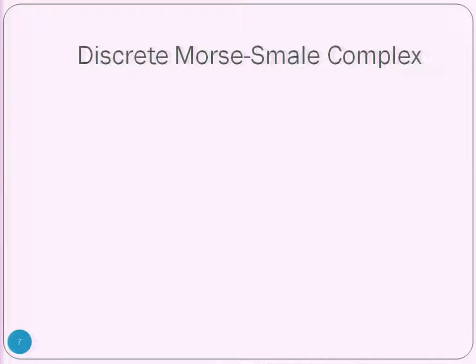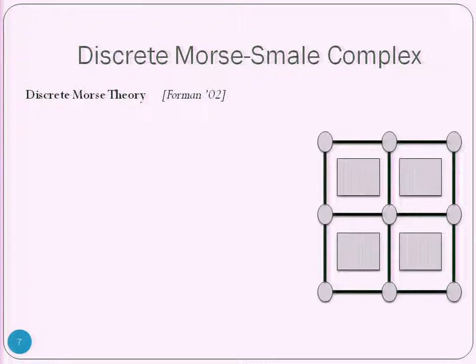Right. Now there's the other theory called discrete Morse theory, which was developed by Forman and others, and this is what we base our work upon. Specifically, we use the notion of a discrete gradient pair, which is defined for cell complexes. Cell complexes are commonly triangle meshes or quad meshes or any such mesh that you might consider.